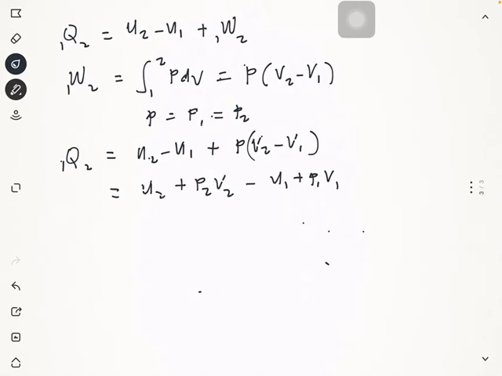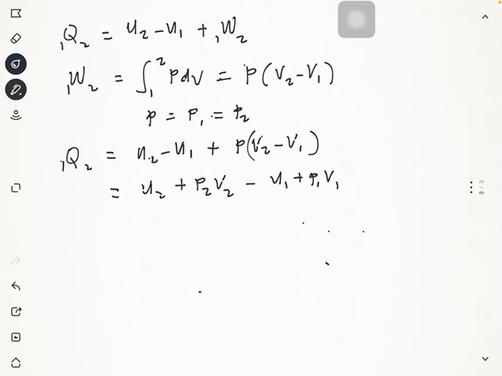Since pressure P is equivalent to P1 and P2, for ease of understanding, with uniform subscripts, we have U1 plus P1 V1 and U2 plus P2 V2 here.